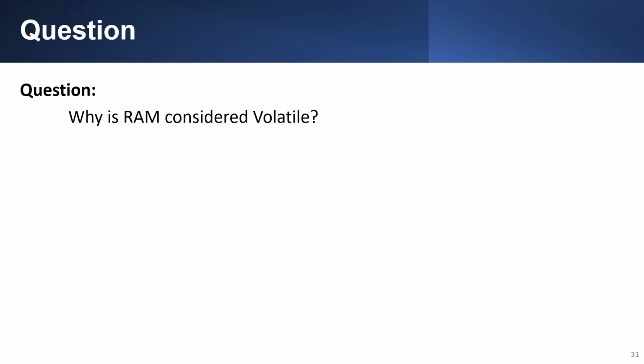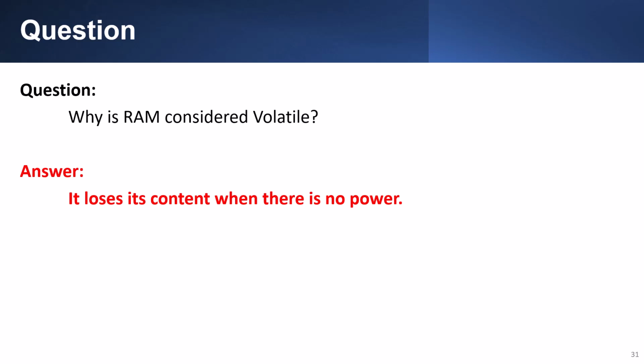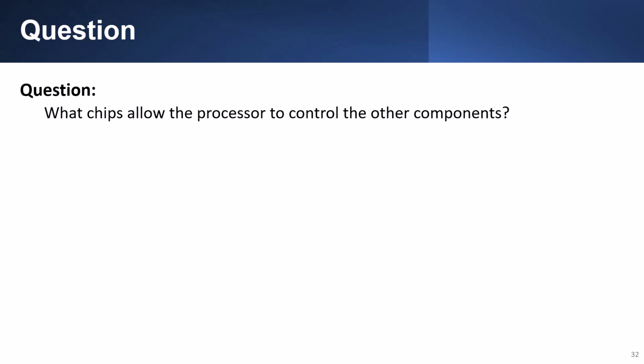Question: why is RAM considered volatile? Answer: it loses its content when there is no power. Question: what chips allow the processor to control the other components? Answer: the chipset.